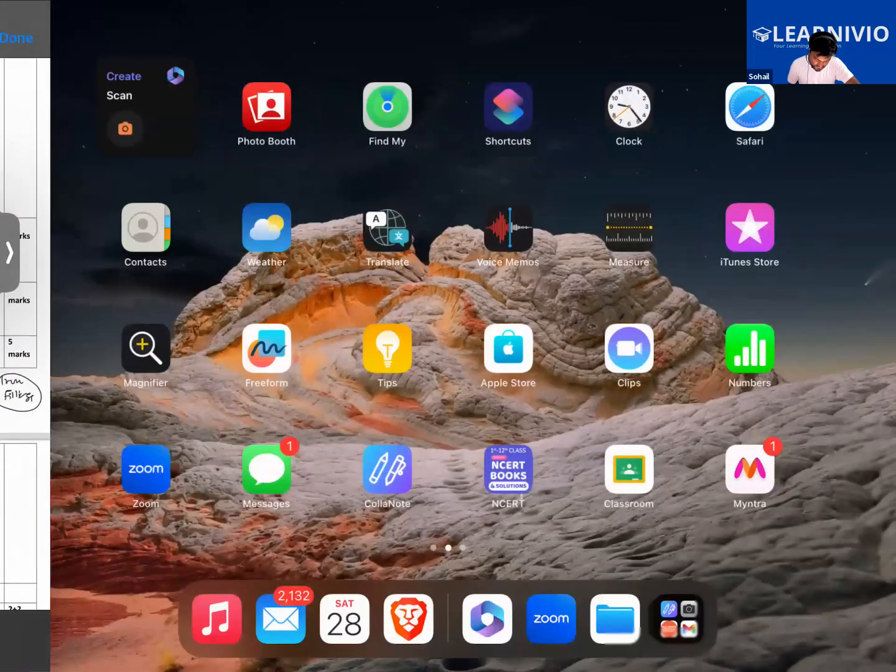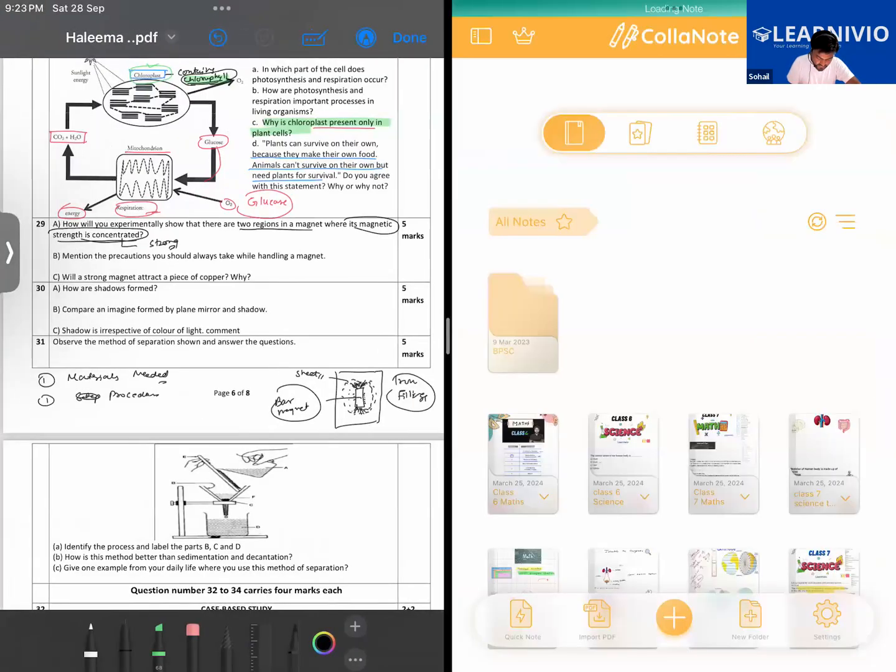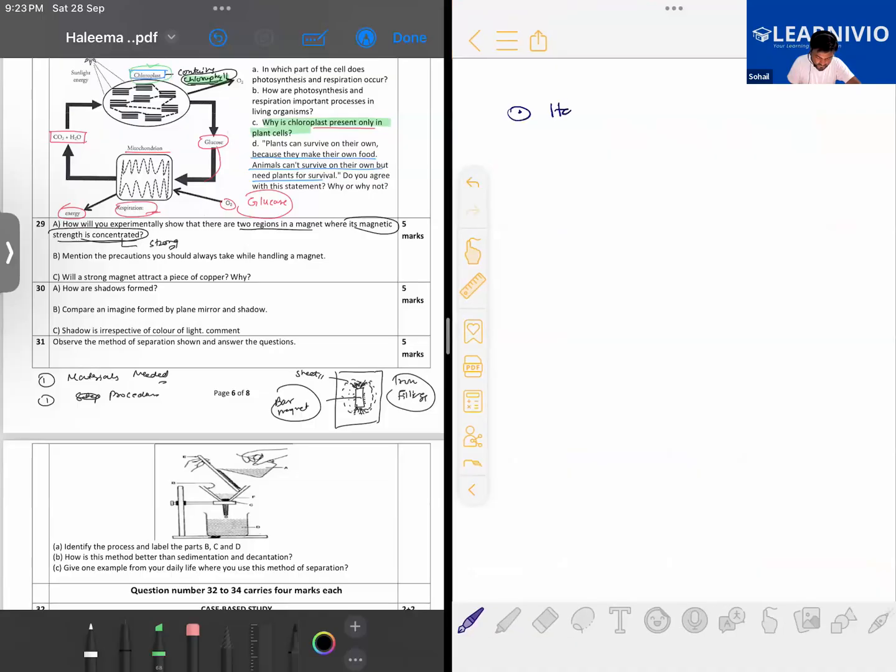You're not supposed to hammer the magnet. Keep it away from electronics, as it can harm the electronic device.